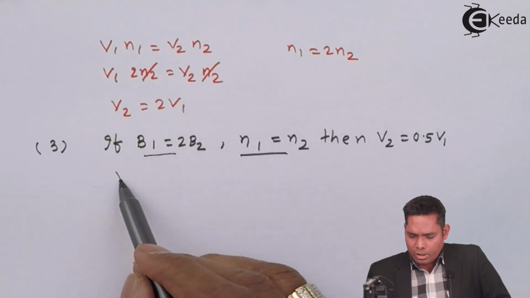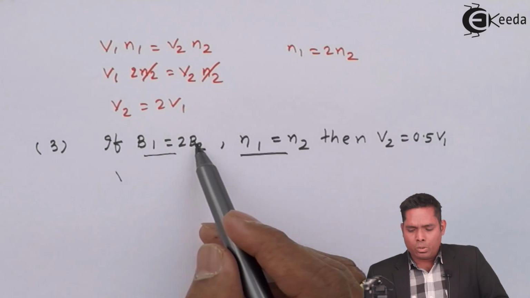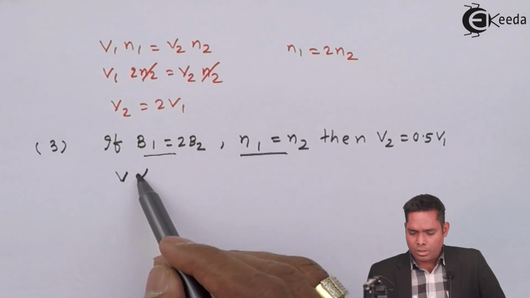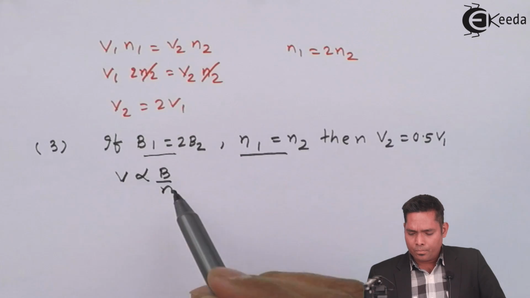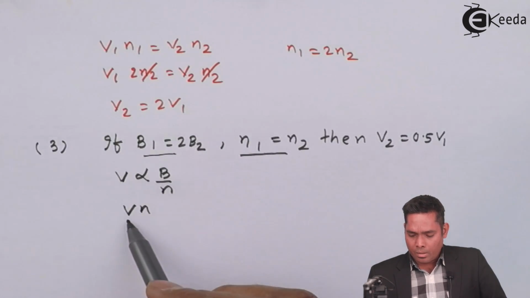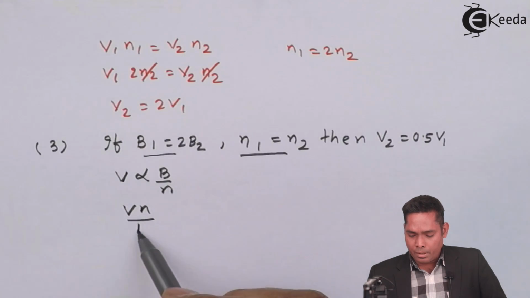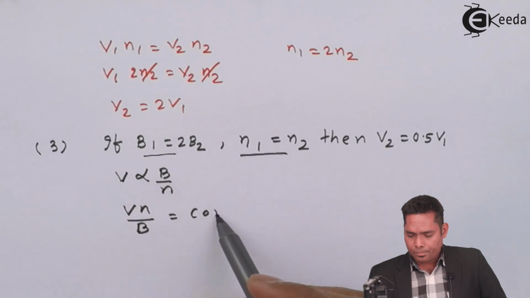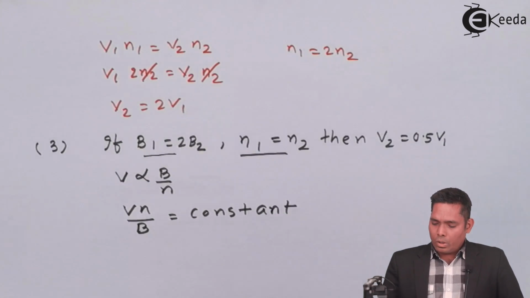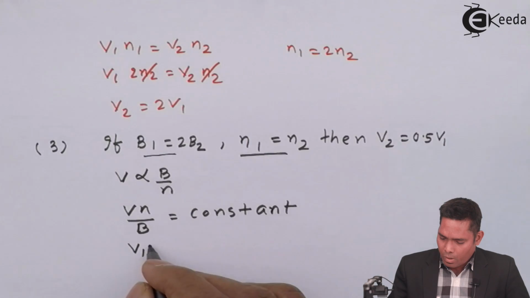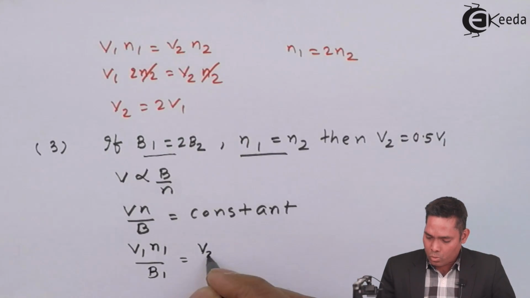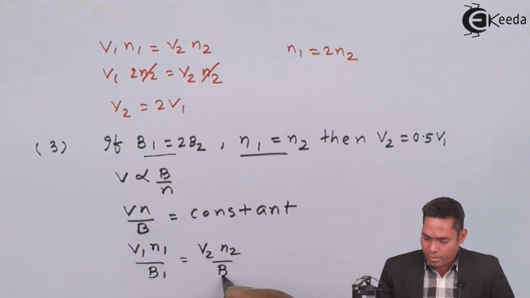Here B is changing and N is changing, and we have the relation V is proportional to B by N. So V N by B is constant. That means V1 N1 by B1 is V2 N2 by B2.